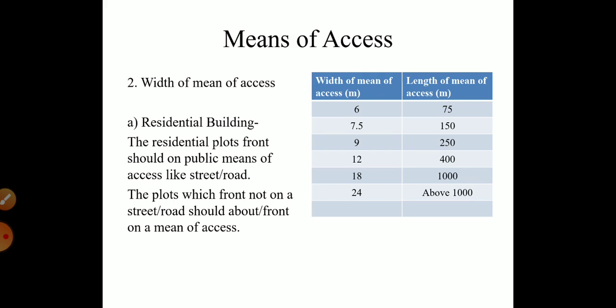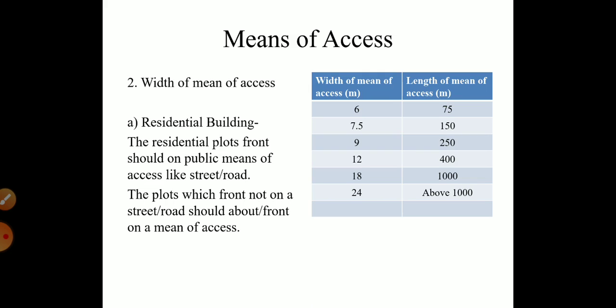That means every building should provide a means of access, and it depends upon the storey of the building. If there is a 3 storied building, then the main entrance clearway is not less than 3.6 meter, whereas if there is more than a 3 storey building, then the clearway is not less than 5 meter. Okay, that is from the street to the entrance door.